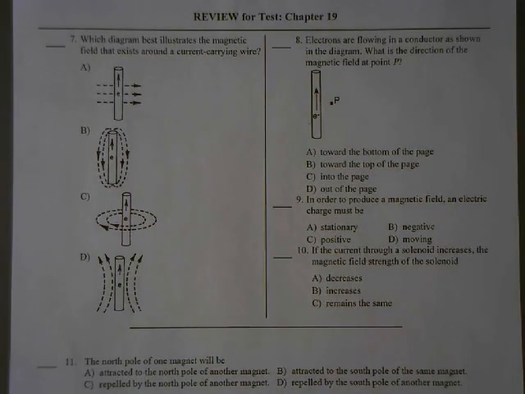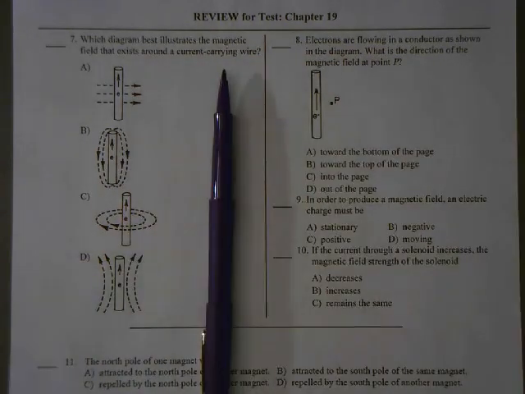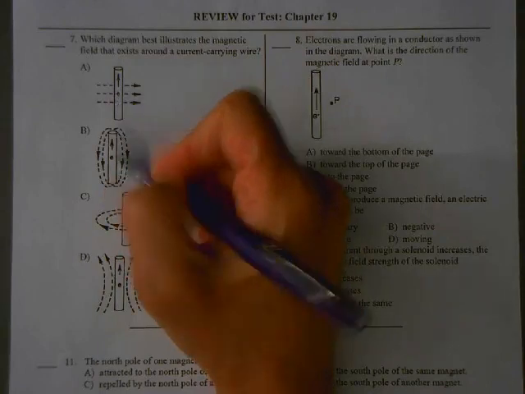Okay, number 7. It says, which diagram best illustrates the magnetic field that exists around current carrying wires? All right. So this is right-hand rule number 1. So this thing here, pretend that's your pencil. Now, this is electrons. See, E are electrons.